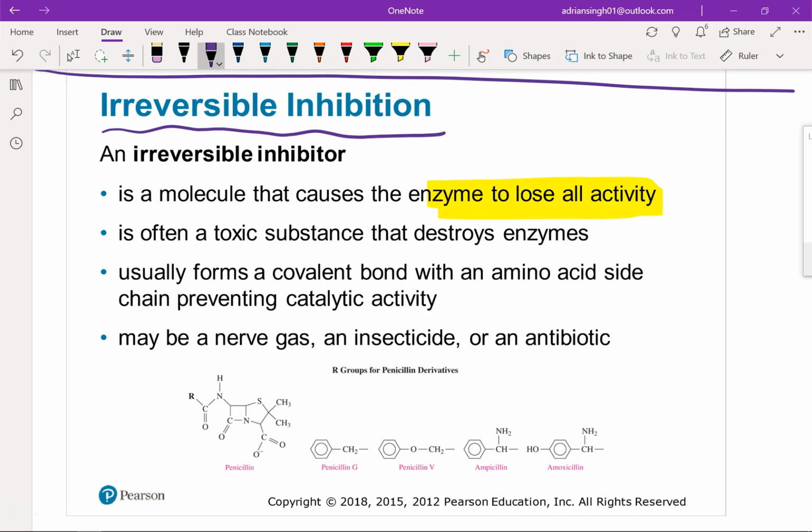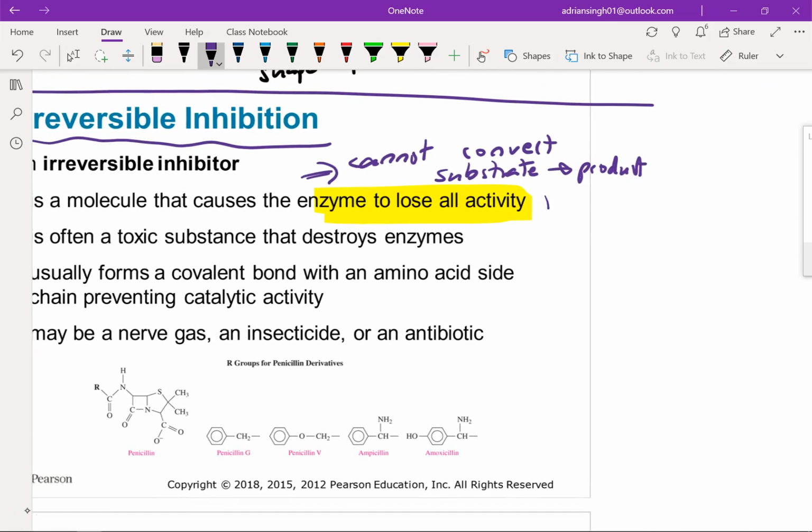So that means it cannot convert substrate to product anymore, and it loses all its activity permanently. It means that it cannot be reversed.